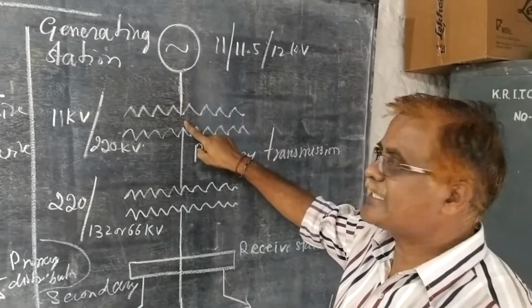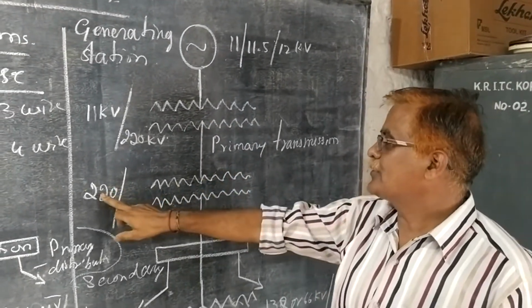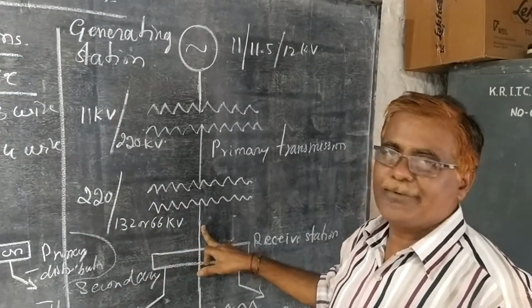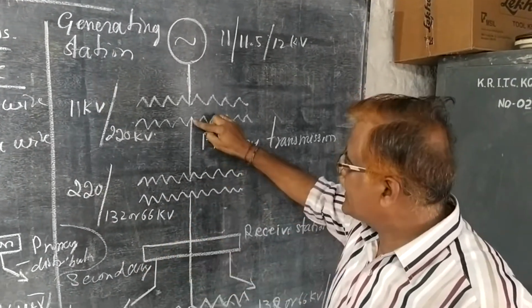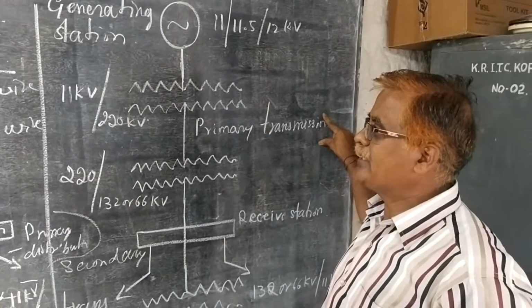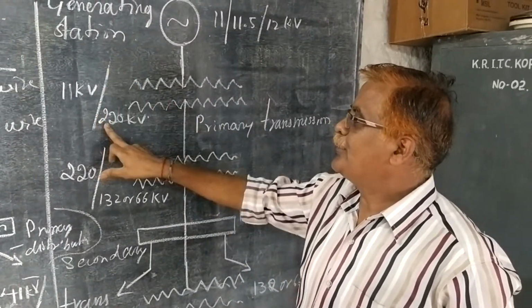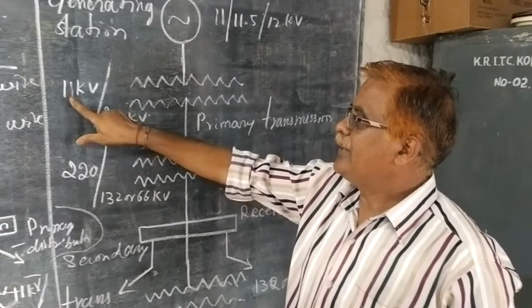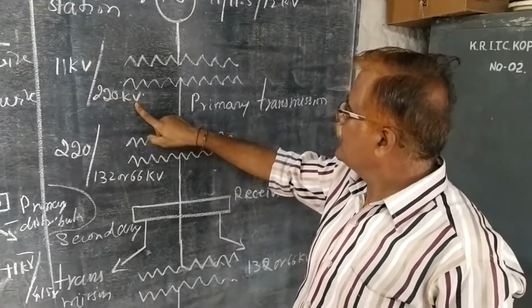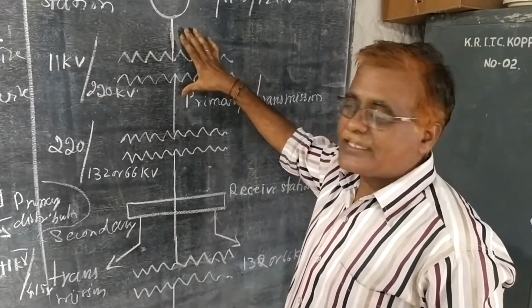From this generating station, the lines come to the receiving point. Here the 220 kV is stepped down to 132 or 66 kV. From here to here is called the primary transmission. Once again, the 11 kV is stepped up to 220 kilovolts by the step-up transformer in the generating station.